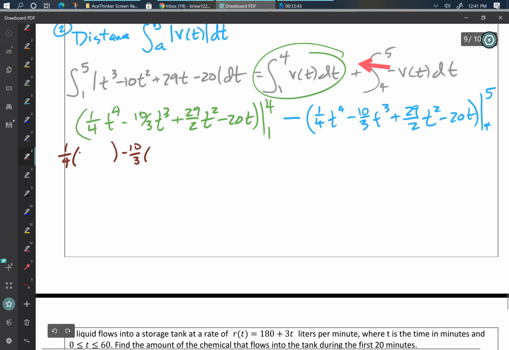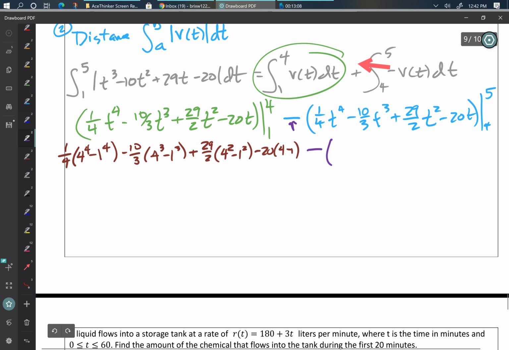This is 4 to the 4th minus 1 to the 4th, 10/3 times 4 cubed minus 1 cubed plus 29/2 times 4 squared minus 1 squared minus 20 times 4 minus 1. Minus, and this minus is that one right there, the quantity.